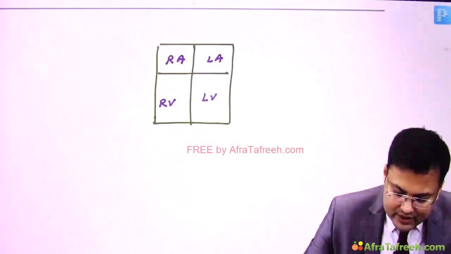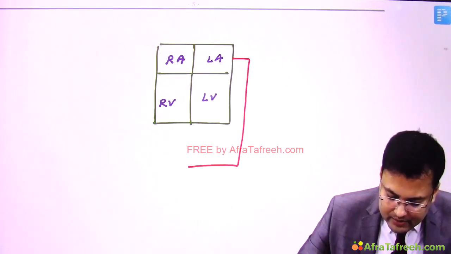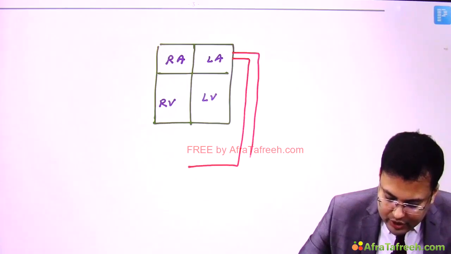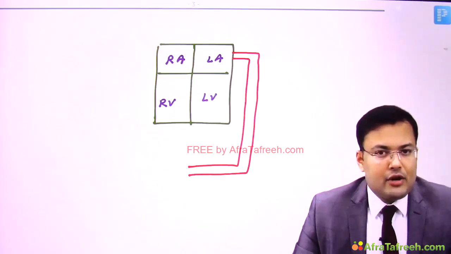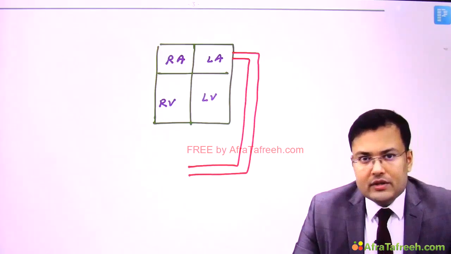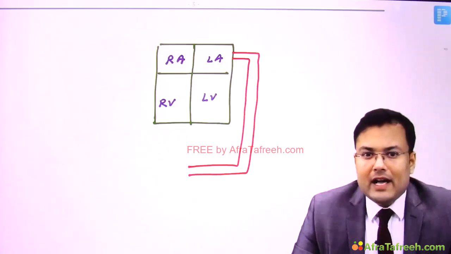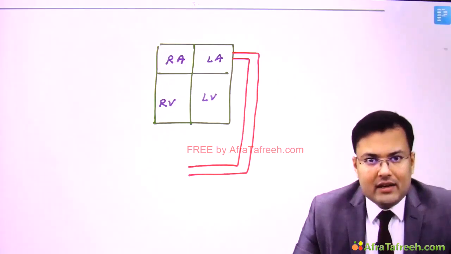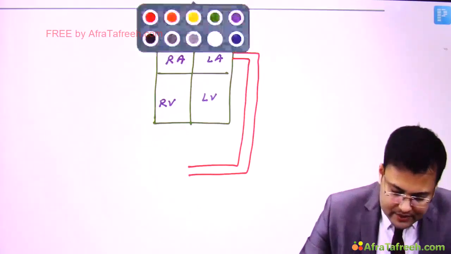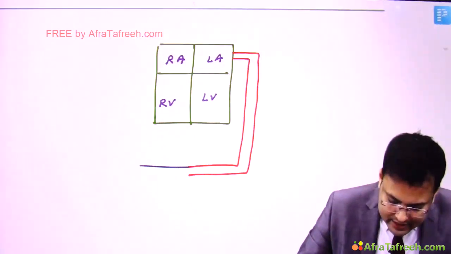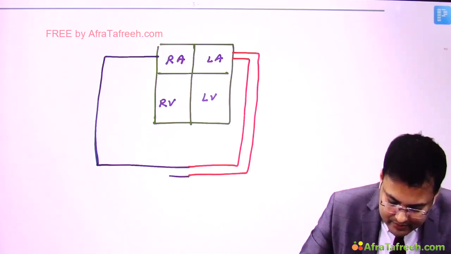From the left side via aorta, the blood is going to all the body organs, into arteries, arterioles, capillaries, venules, veins, and ultimately via vena cava into the right atrium.